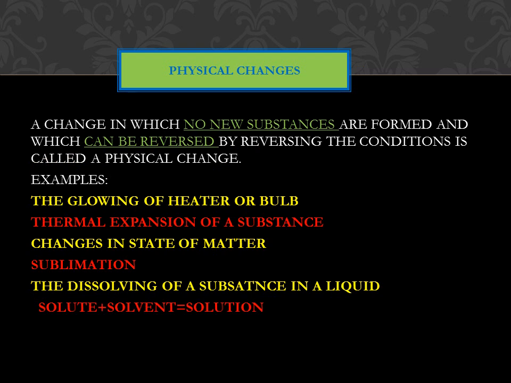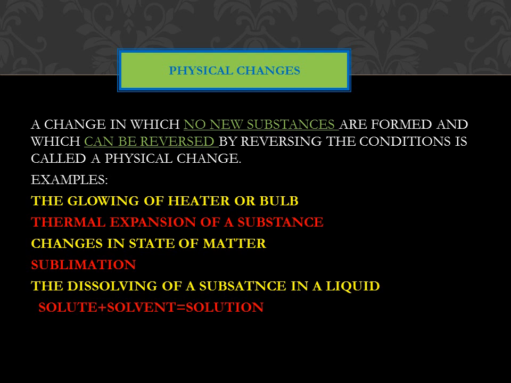Now let us come to physical changes. A change in which no new substances are formed and which can be reversed by reversing the condition is called a physical change. So remember, there are two main important points: no new substances are formed and the change can be reversed. For example, the glowing of a heater or a bulb.